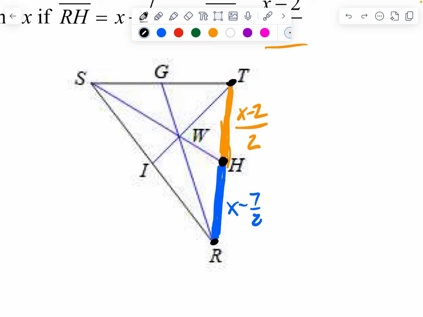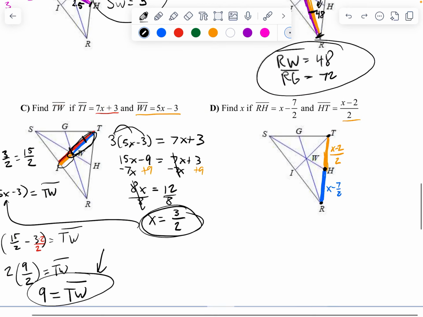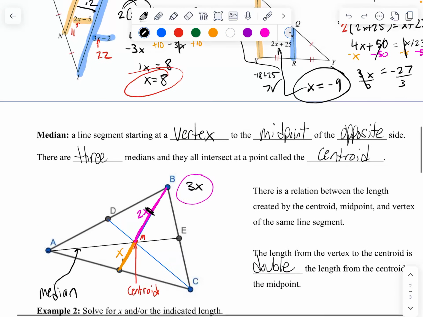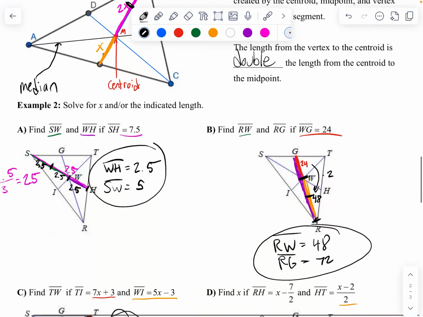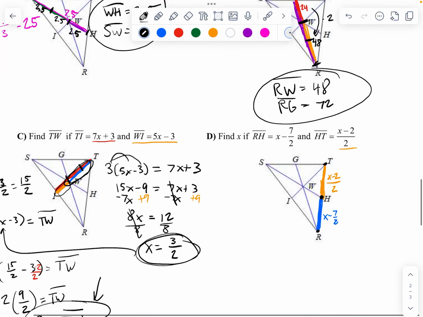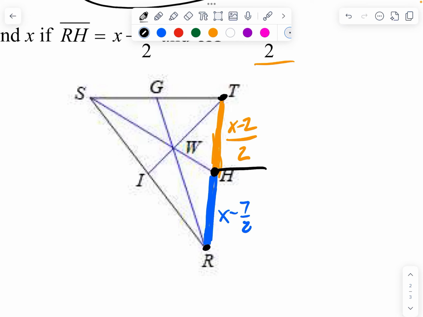We'd say, okay, well, assuming that all of the lines that were given here are all medians, right? Definition of a median, remember, is a line that starts at a vertex and goes to the, and this is going to be the most important part, midpoint on the opposite side. That tells us that point H right here is a midpoint.